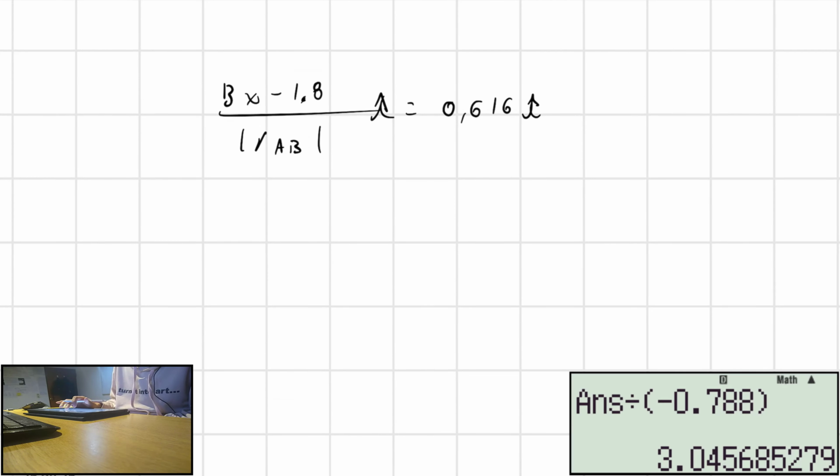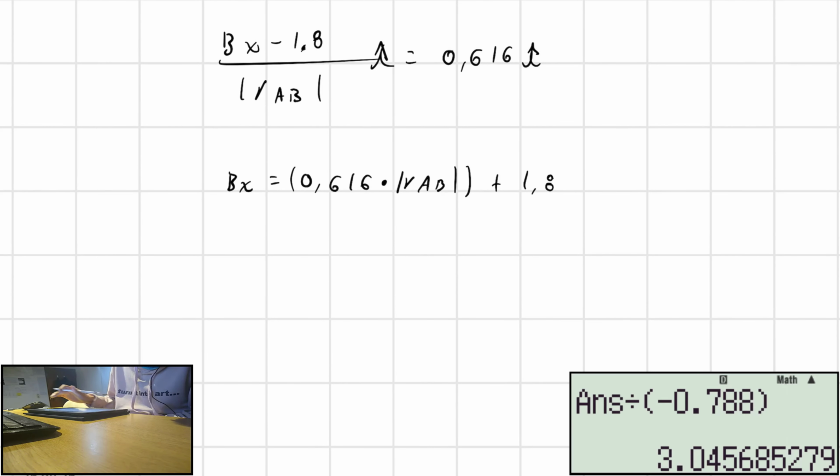And finally, bx is going to be equal to 0.616 multiplied by the magnitude plus 1.8, right?